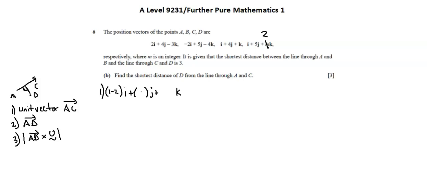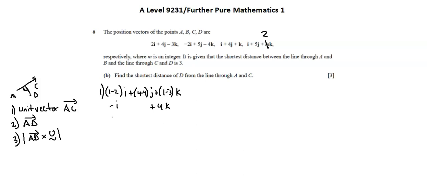Then for j for C and A, 4 minus 4. And for k, 1 minus negative 3. I have negative 1i, negative i. 0 is the j coefficient, there's no j component, plus 4k.